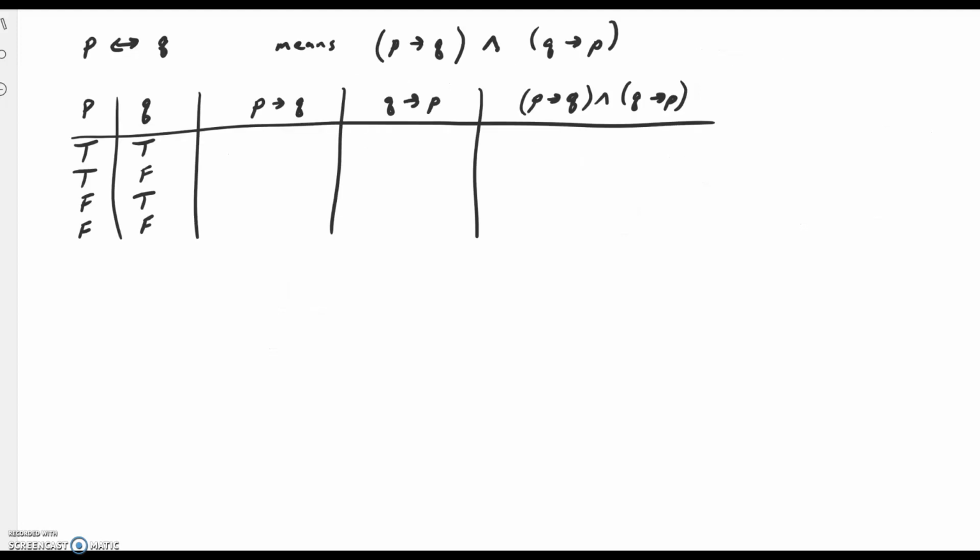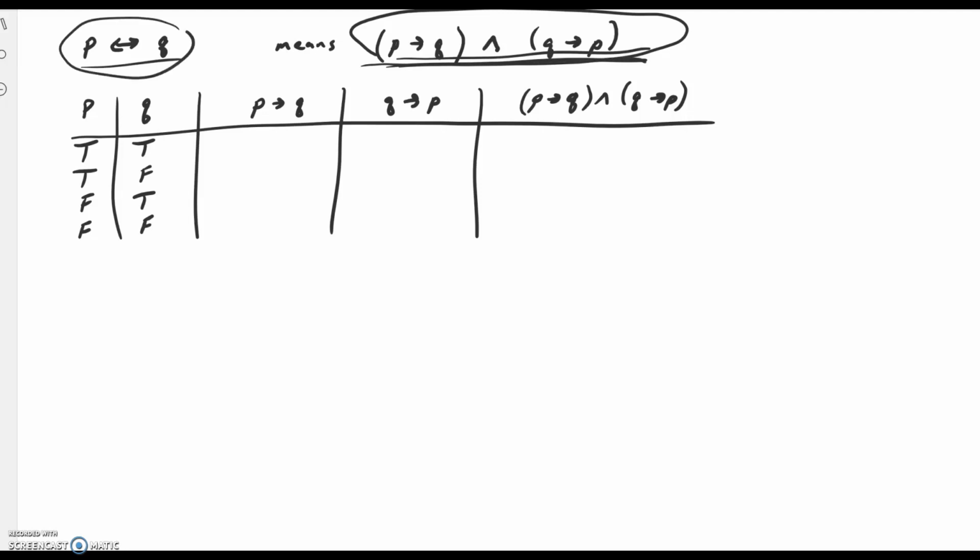So a biconditional statement, or an if and only if statement, is a little line with an arrow on both sides. And what it means is that if P then Q and if Q then P. It's shorthand for this compound statement. So I thought we would work out the truth table for this compound statement, and therefore we would know what this means.